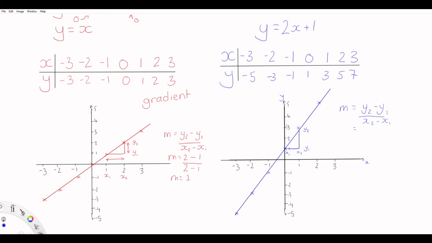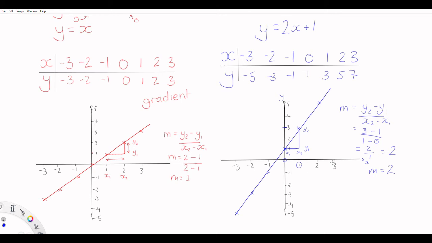On the y-axis for y2 we have 3 minus 1 for this point, divided by, in the x direction, 1 for this point and 0 for this one. 3 minus 1 is 2, divided by 1 minus 0, which is 1, and that is 2. So m, which is the gradient, should equal 2.